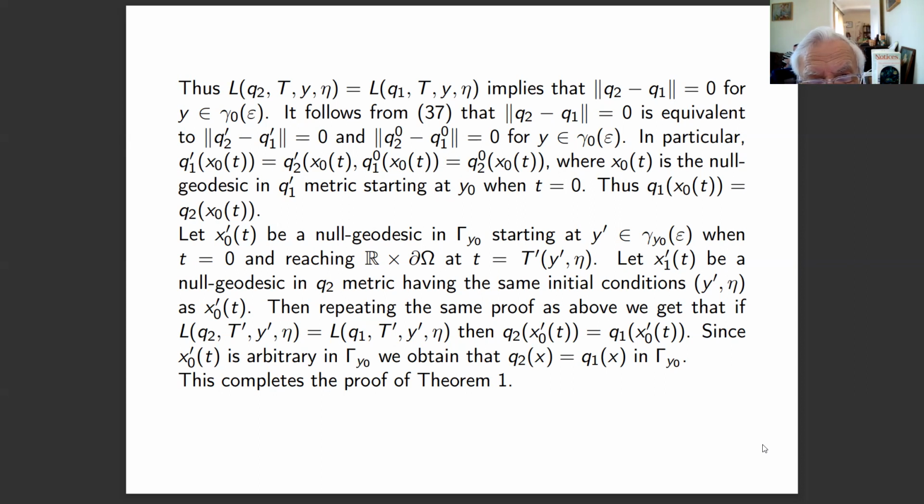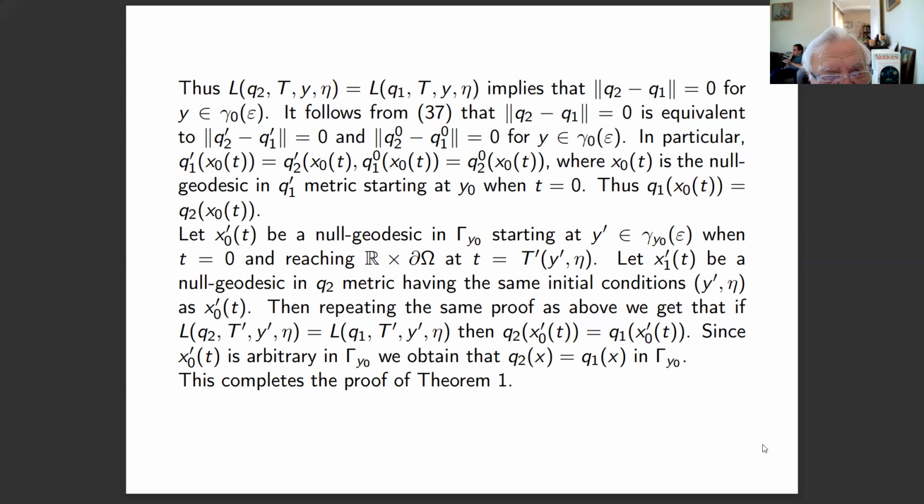So what I simply want to say is that the norm of Q2 minus Q1 equal to 0 is equivalent to Q2 prime minus Q1 prime equal to 0, and Q2 0 minus Q1 0 equal to 0, that is, both norms equal 0.